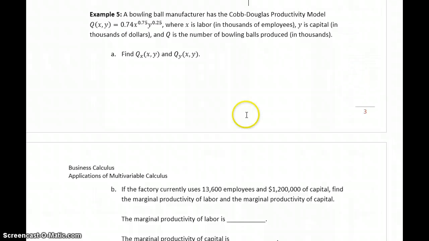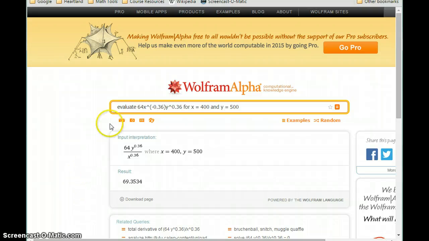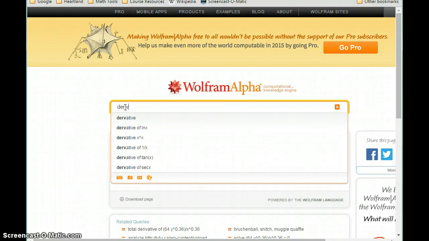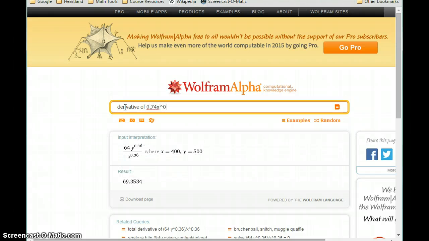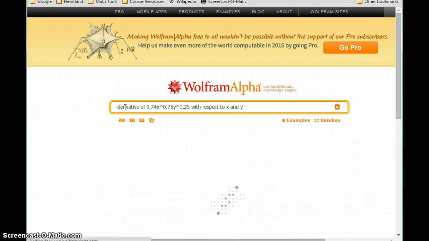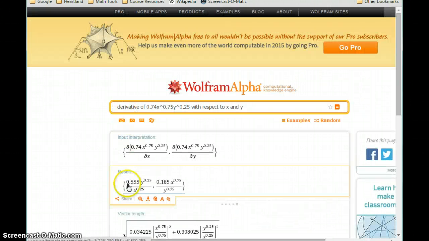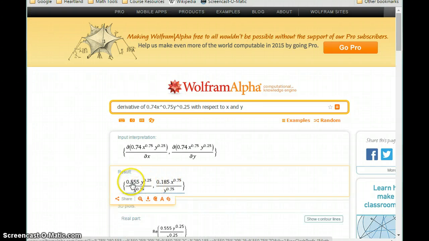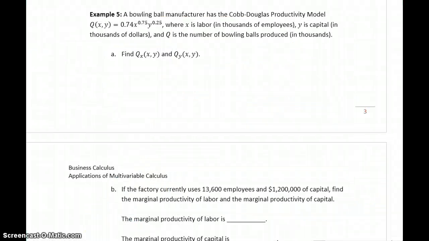So again, we want to get the partial derivative with respect to both X and Y. Which gives us our two results, which we'll go ahead and round to 0.56 and 0.19 for those constant multiples in front.